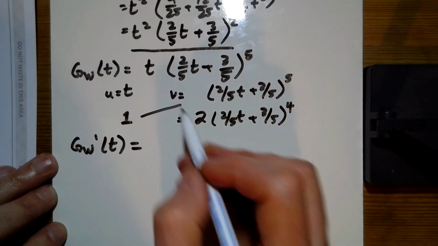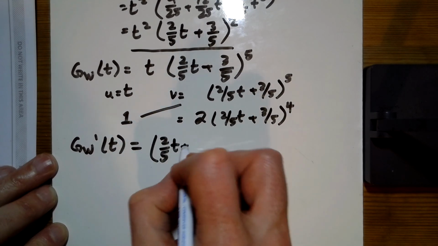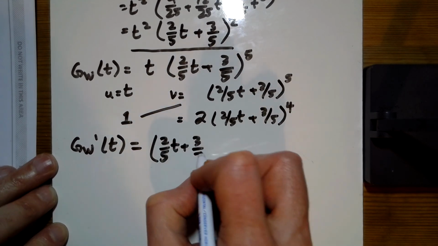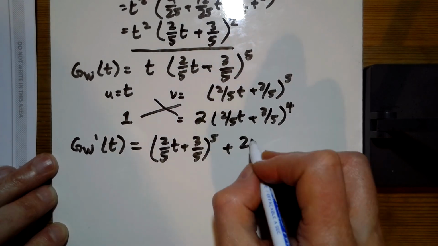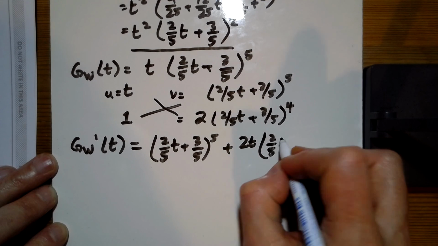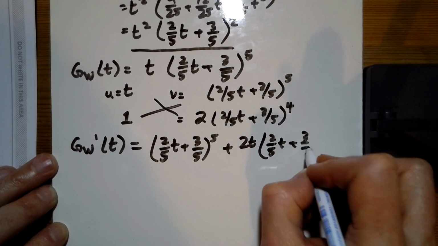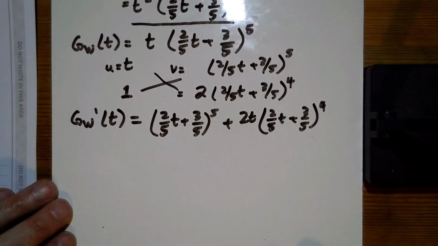Well, it gives those two things times together, which is 2/5 t plus 3/5 all to the power of 5, plus those two things times together, 2t, then that is 2/5 t plus 3/5 all to the power of 4. So there's differentiating it once.